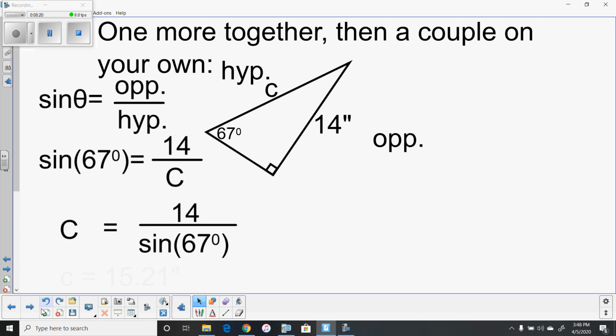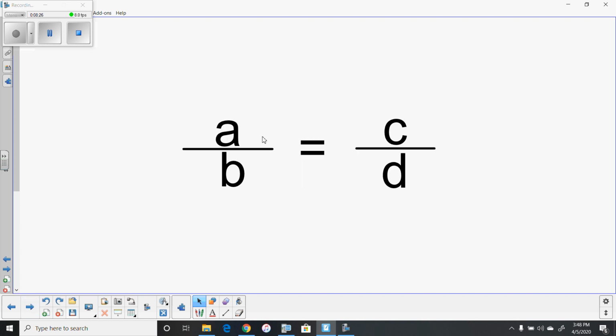And then I can get C by itself by swapping C with sine 67. Remember when we have a proportion like this, we learned that the numerator on one side, I can always switch with the denominator on another, right? I could just switch B and C if I want.